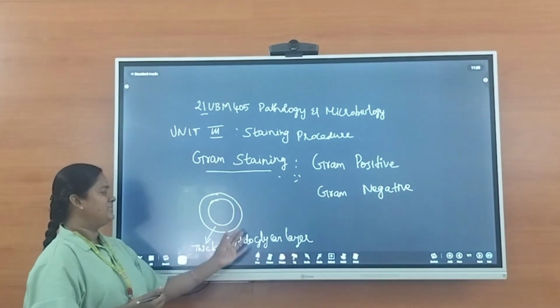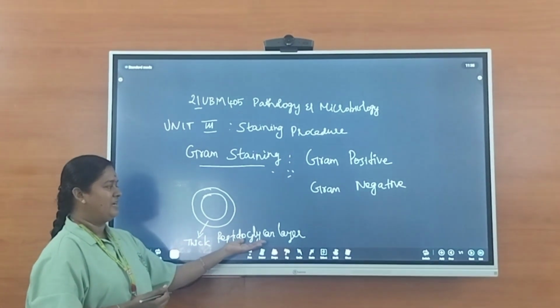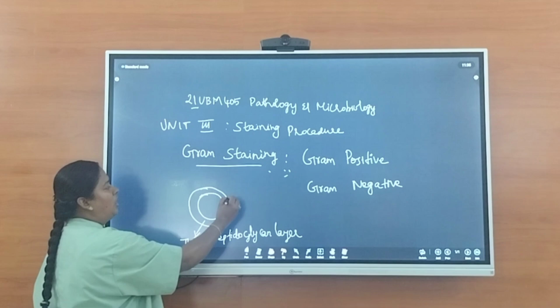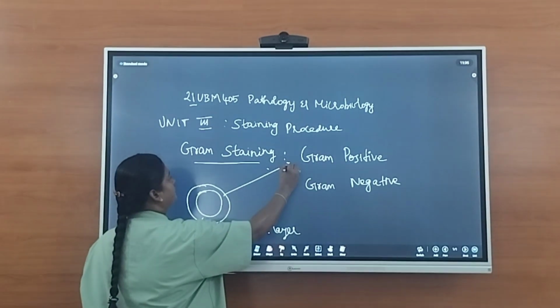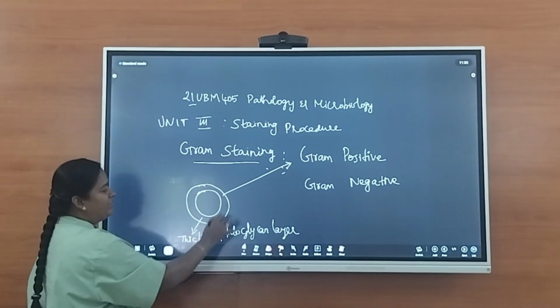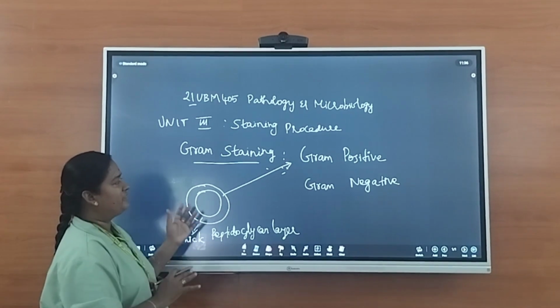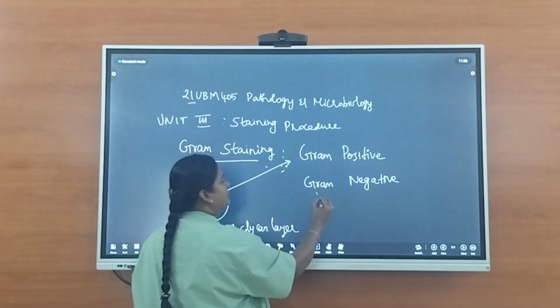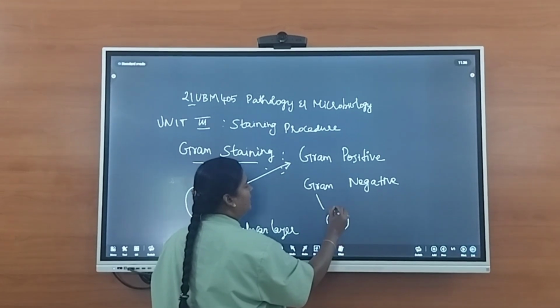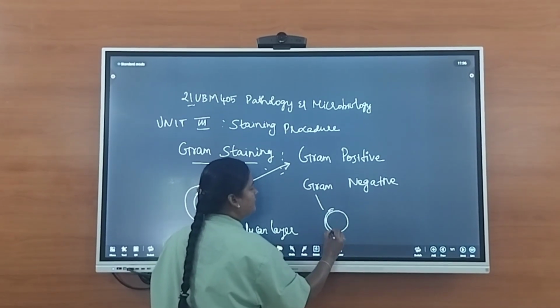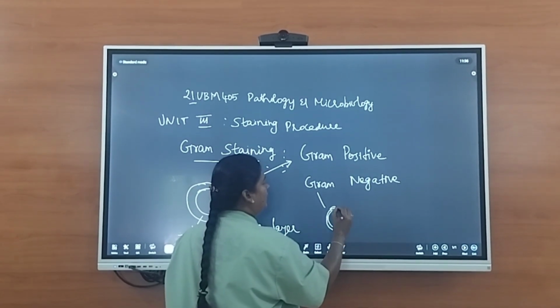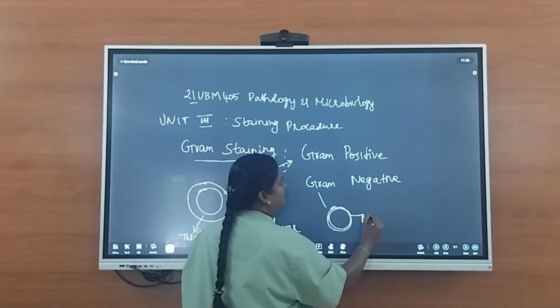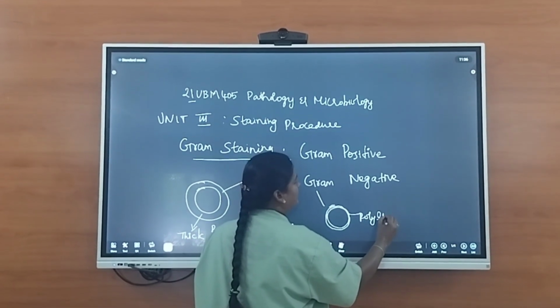Cells with a thick peptidoglycan layer are called gram-positive. Those that do not have the thick peptidoglycan layer have only a very thin layer of lipopolysaccharides.